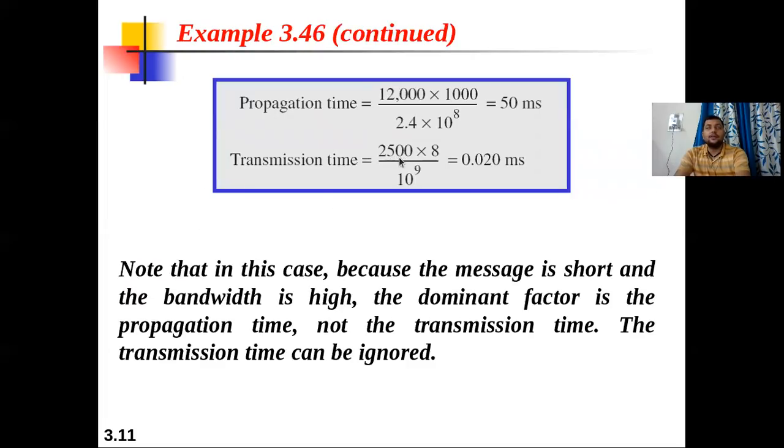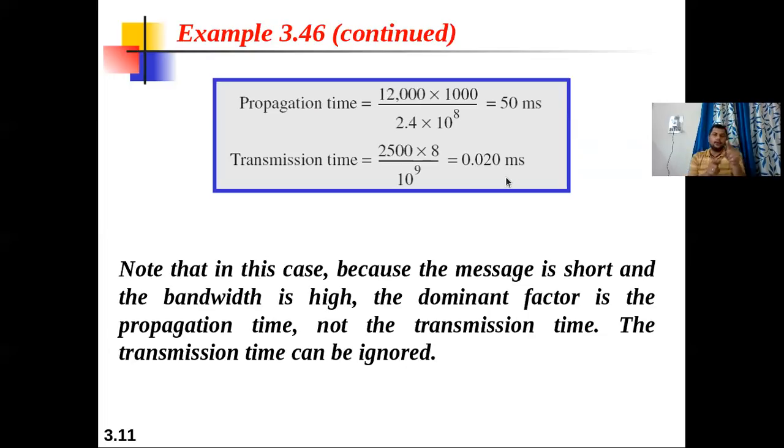You have to convert bytes into bits, and kilo means 10 raised to the power 3. So 2500 into 8 bits you have to push over a wire, and the speed at which you can push is 10 raised to the power 9. Divided by 10 raised to the power 9, we get 0.020 millisecond.